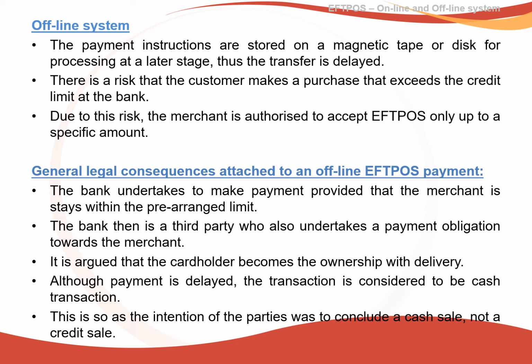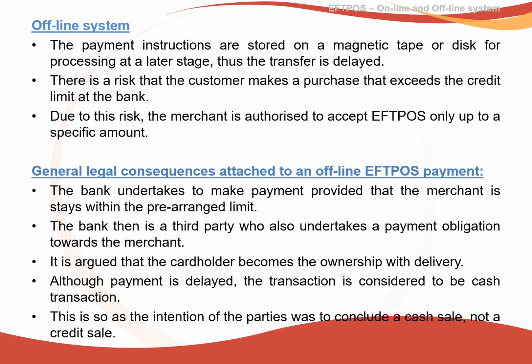In an offline system, the bank undertakes to pay provided that the merchant stays within the prearranged limit. There is thus a third party, being the bank, who also undertakes a payment obligation towards the merchant.